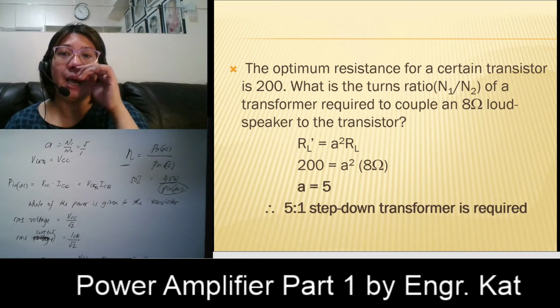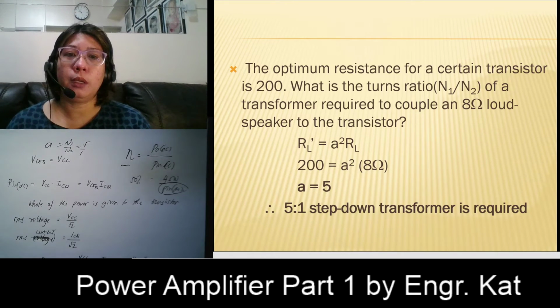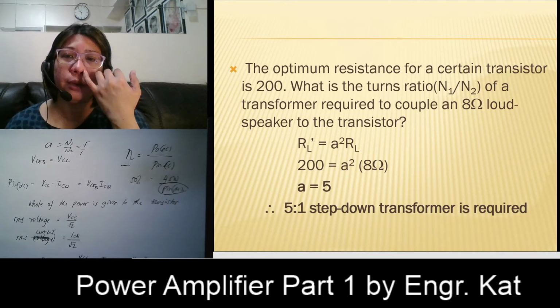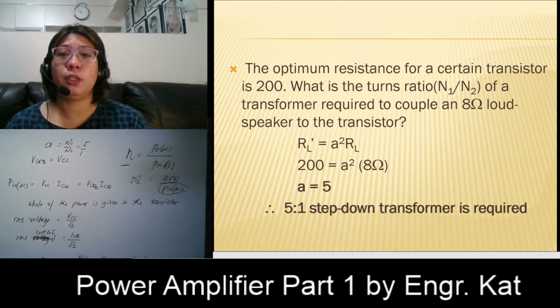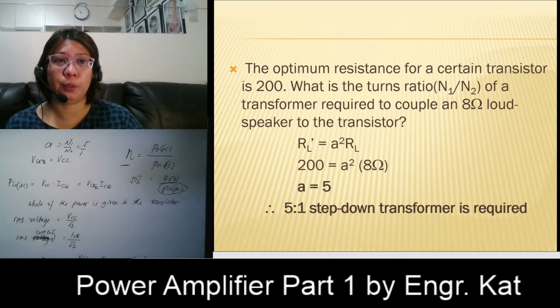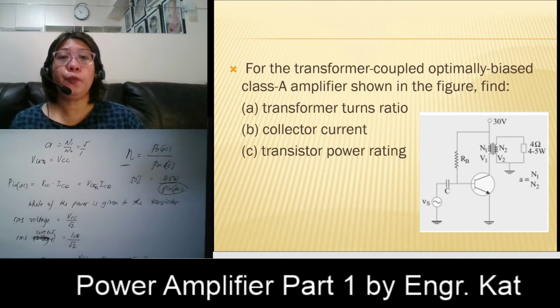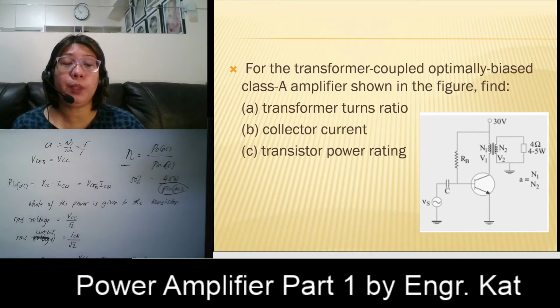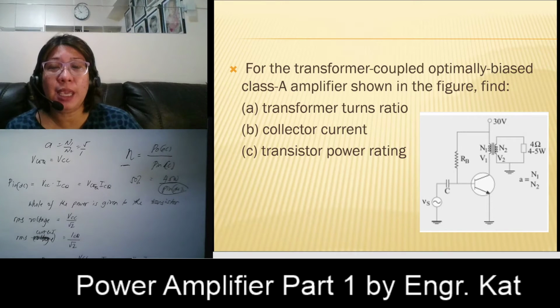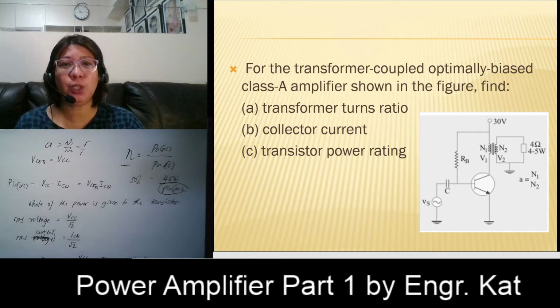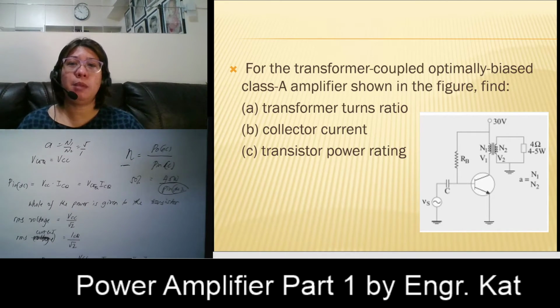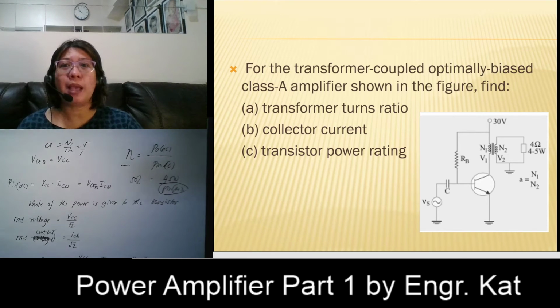Okay, so the required transformer to be used is a 5 is to 1 step-down transformer. So for a transformer coupled optimally, the term optimally here means we can use the maximum value. So when you hear the word maximum or optimal, that means we are safe to use the maximum value.